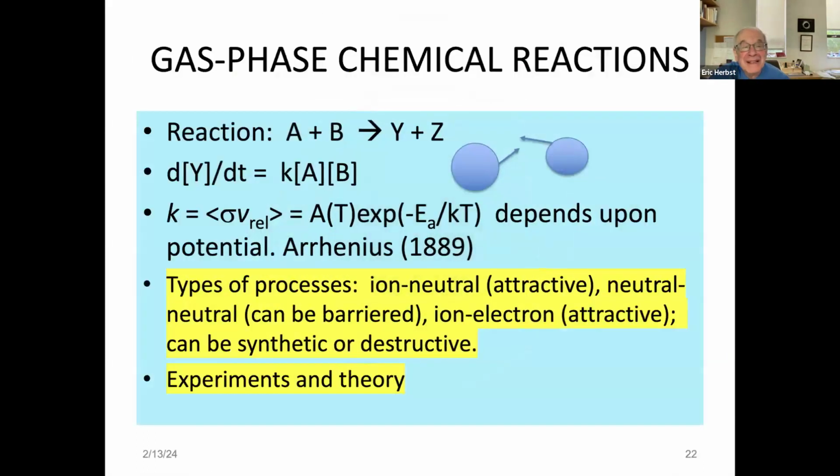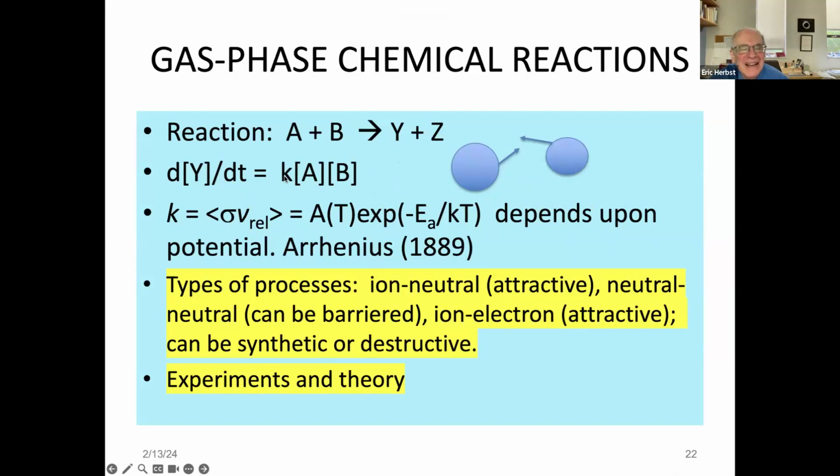Here is a picture that's probably too much to read, but this is a chemical reaction in the gas phase, and the rate of a chemical reaction, say it's the rate of forming species Y, there's a derivative here, concentrations of the reactants. Physicists like cross sections to get rates of reactions, but chemists don't like cross sections.